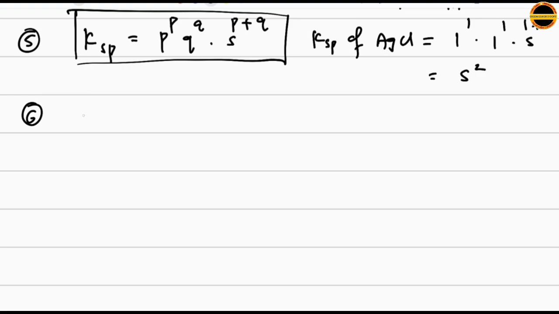Remember, K is an additive property, specific conductance. So K total you can write like this: K total is K1 plus K2 plus K3 and so on. What is K here? Specific conductance.